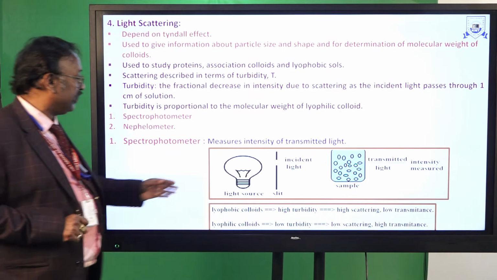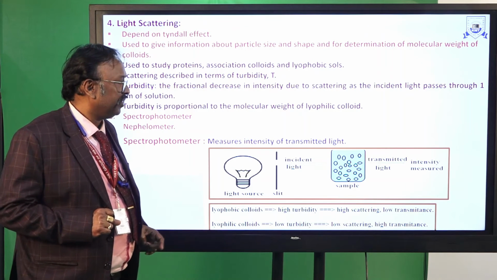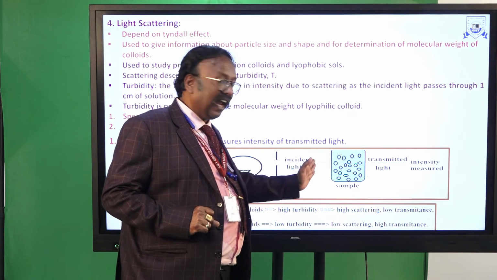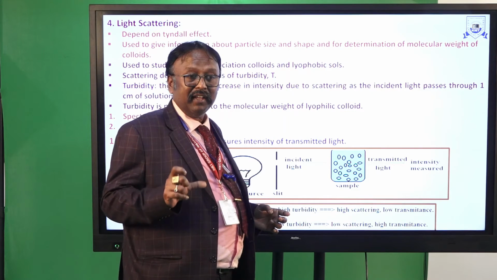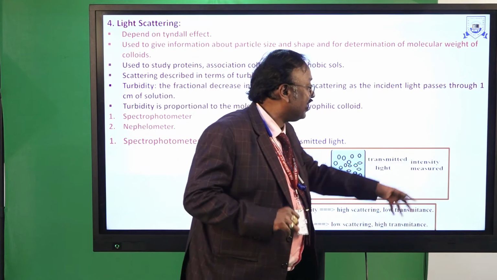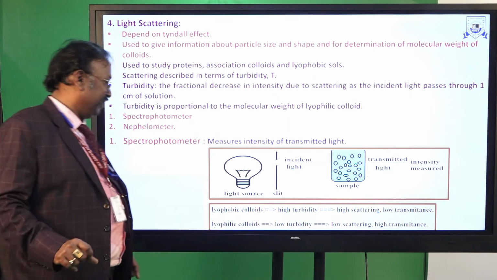This is the light source, this is the incident light passed through the sample. The light is easily passed through this sample because it is a colloidal dispersion. After the transmitted light, the intensity can be measured.